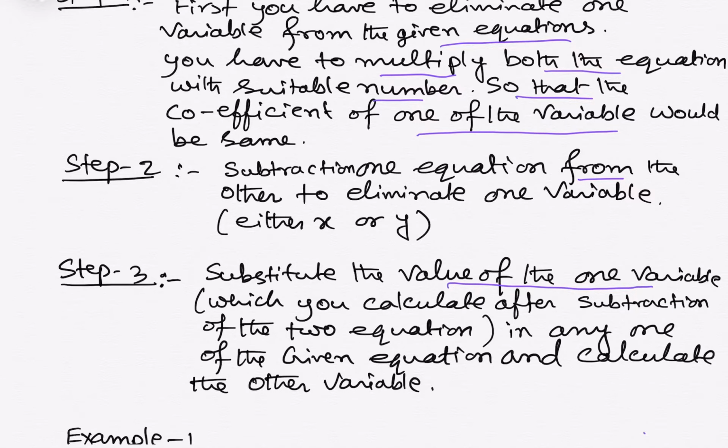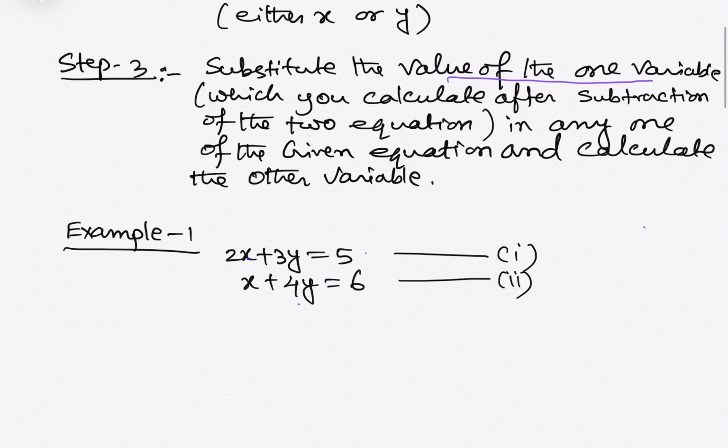Now that's clear. Now I am showing you example 1. I will take two linear equations. Equation 1 is 2x plus 3y equals 5 and the second one is x plus 4y equals 6. In equation 1 the coefficient of x is 2 and of y is 3, and the constant part is 5.